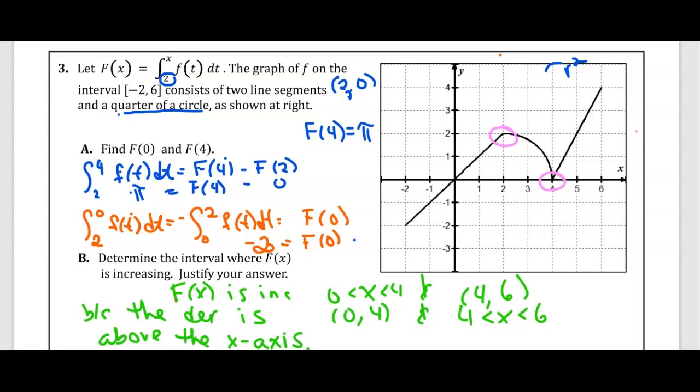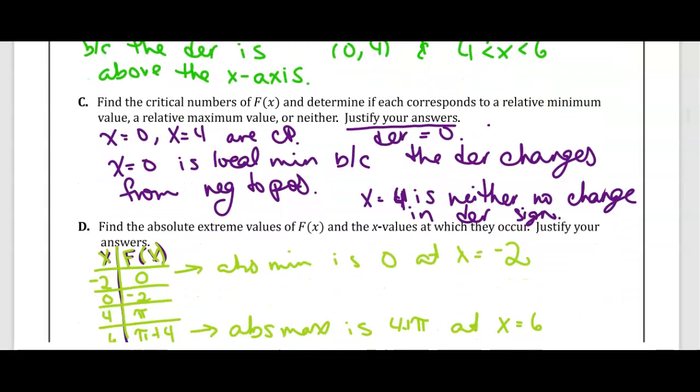So 2 and 4, then we're going to check. This one is increasing and then decreasing. Changes concavity, so that's an actual point of inflection. This one is decreasing, then increasing. The slope here would be negative. The slopes here would be negative. So both of the possible inflection points are actual inflection points.